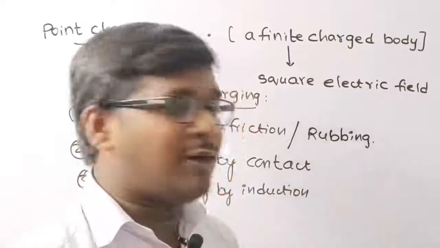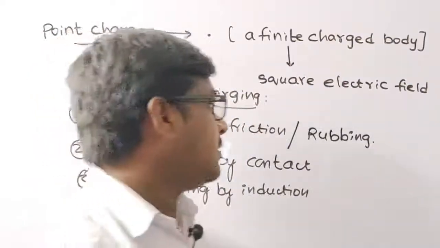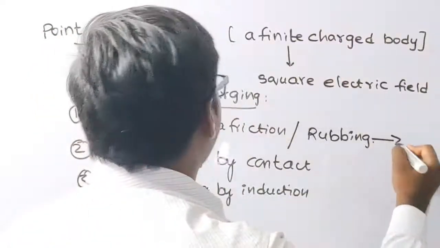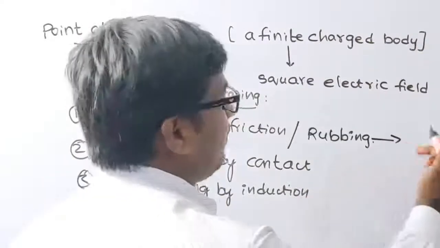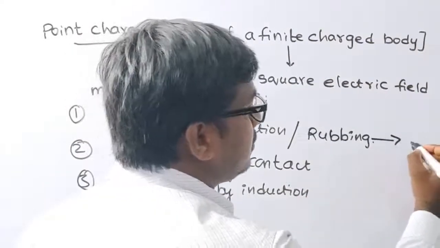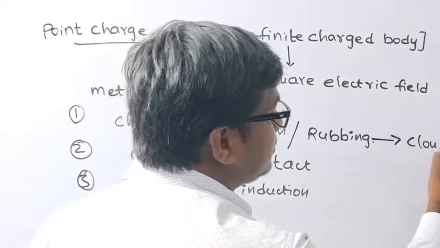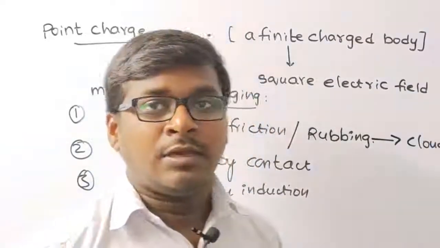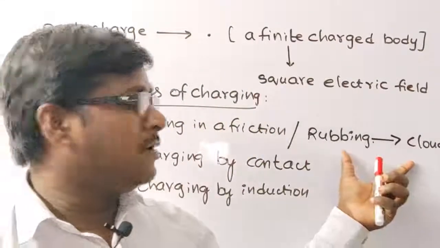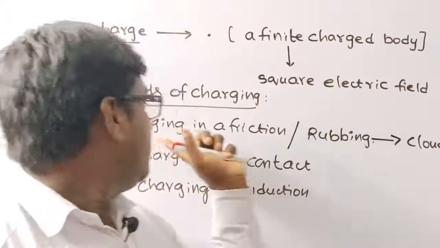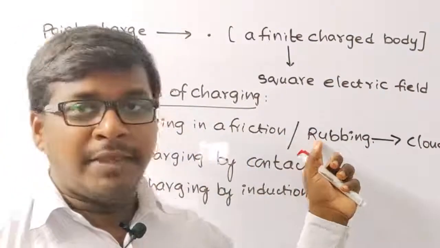For example, clouds. Clouds are the best example of charging by friction or rubbing.